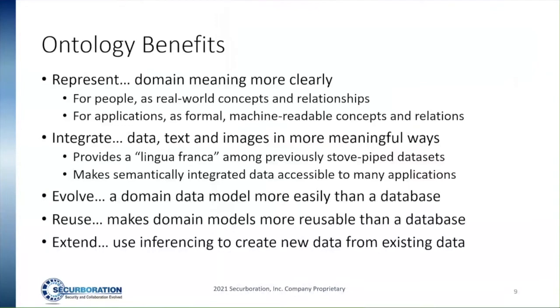Okay, so ontology benefits. The first thing to note about ontologies is that they are what we might call reality-centered. They represent the meaning in data as real-world objects and relationships that correspond to the way people think about their domains of interest. Most databases are what we might call application-centered. The focus is on how to build data structures that primarily fit the needs of the application.